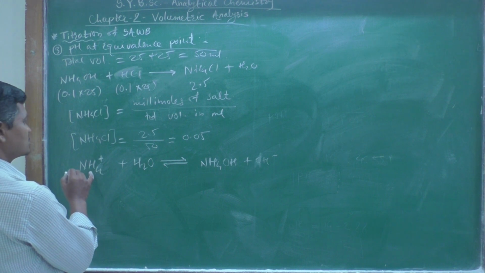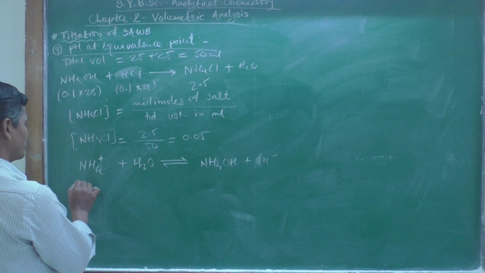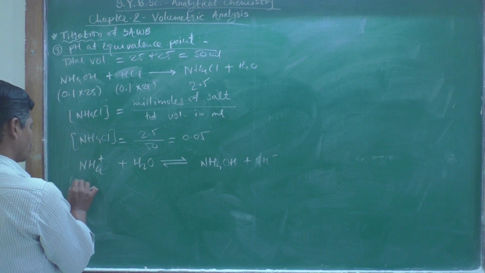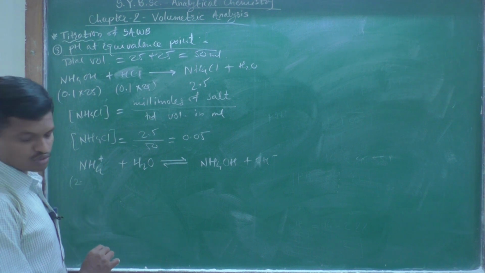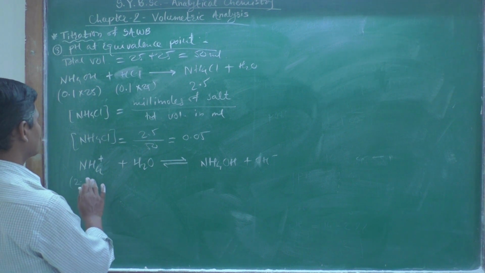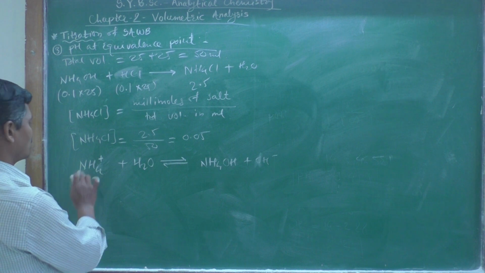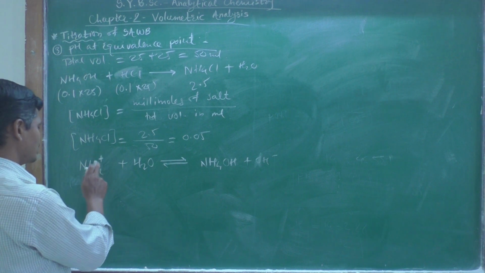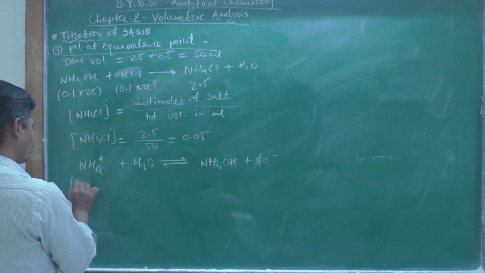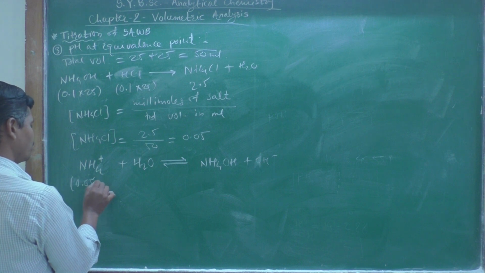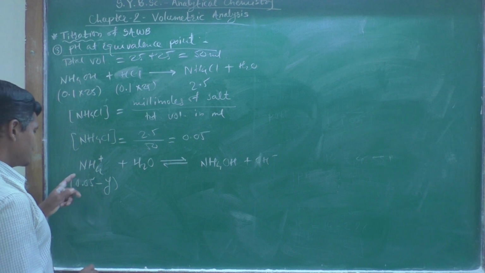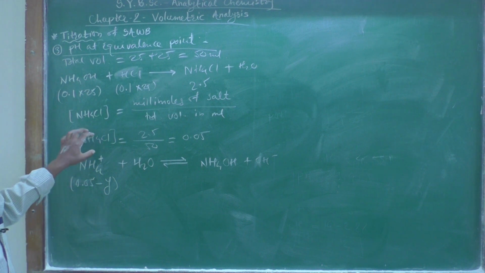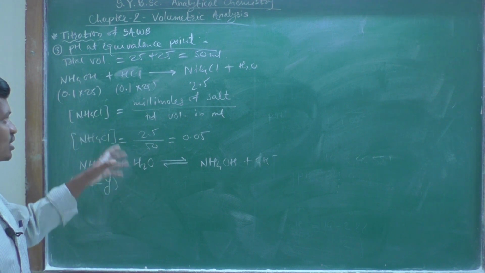So what is the concentration of NH4 plus? This is the concentration of salt, that is 0.05 minus y. So what is y? 0.05 is the original concentration of ammonium chloride salt formed after the neutralization reaction.